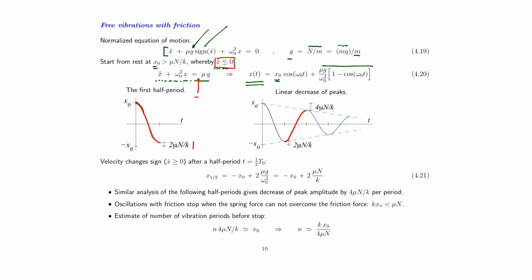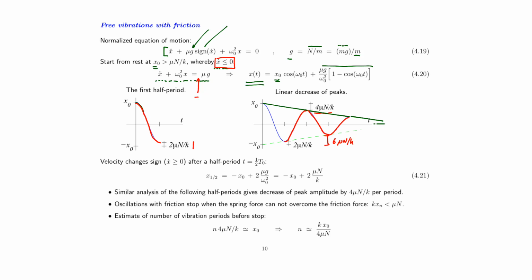That means after the next half period, we'll not have 2 times mu n, we'll have 4 times mu n divided by k. We redo this again, and then we'll have 6 mu n divided by k, and we can continue. This means that over a full period we have a reduction that is repeated for the next period, and the next period.